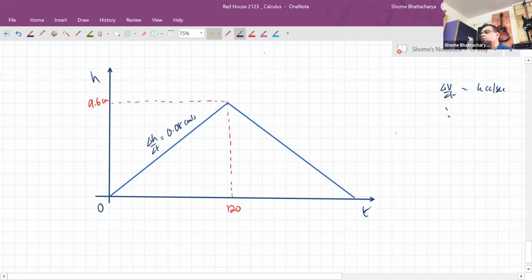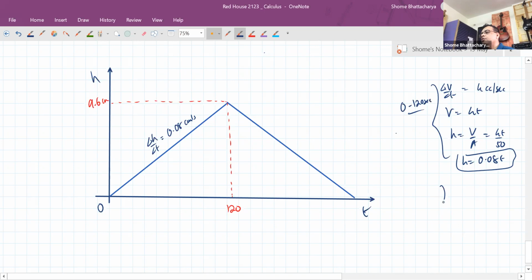Okay, so the volume as a function of time was 4t. So the height as a function of time would have been volume by area. So that is 4t by 50 or 0.08t. This is what was happening from 0 to 120 seconds. Okay. Whereas from 120 to 240 seconds, the volume rate of change was equal to minus 4 cubic centimeters per second.